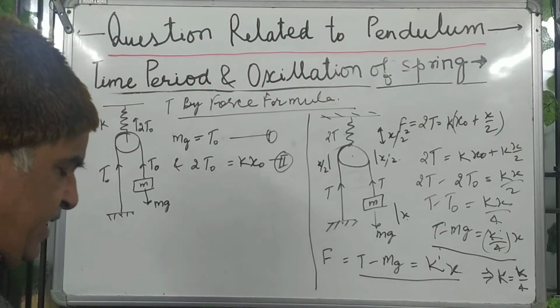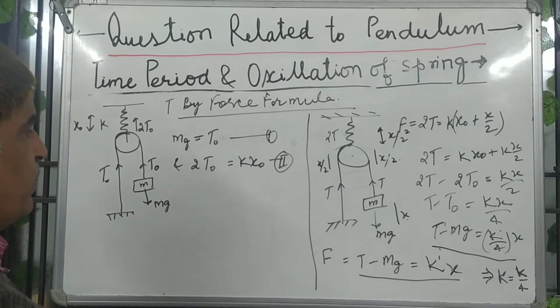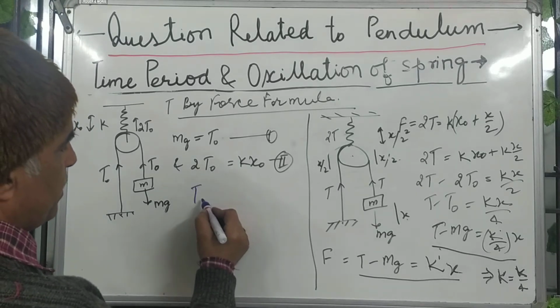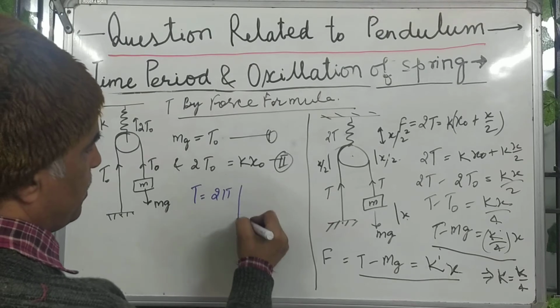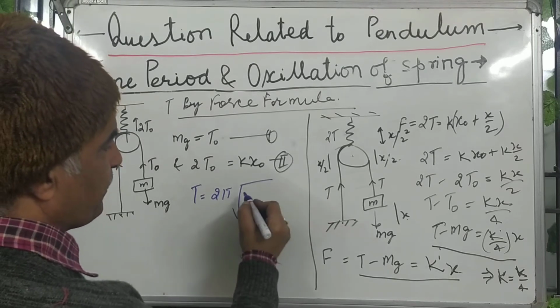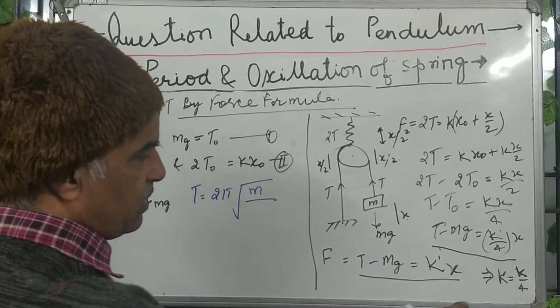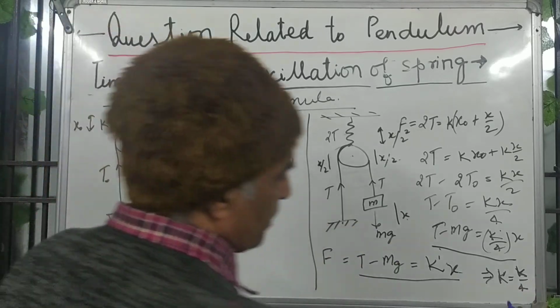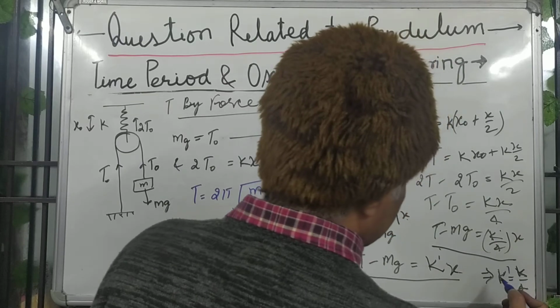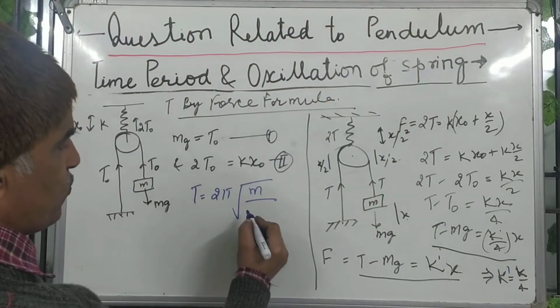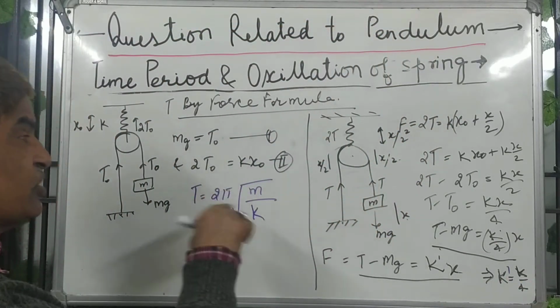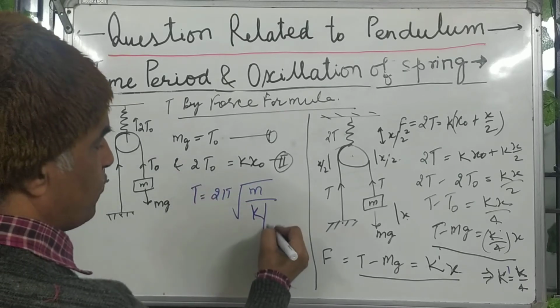So the time period T equals 2 pi square root of m by k dash, and k dash is k by 4.